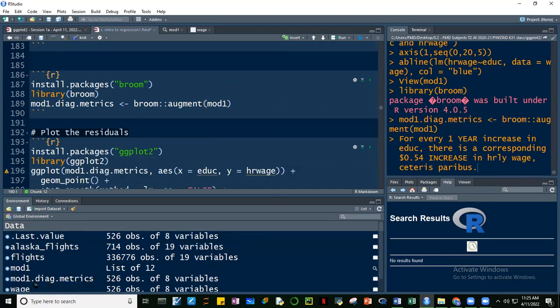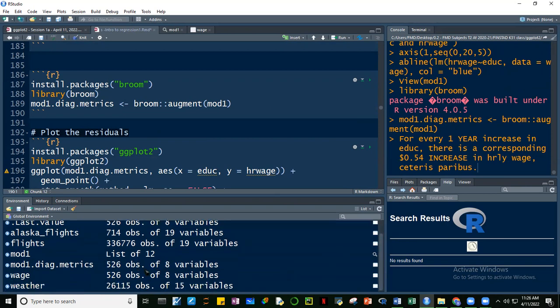So here it is, model 1 diagnostics.metrics. It consists of 526 observations of 8 variables. So it's similar to our wage data, 526 observations, but of 8 variables. Let me see what this consists of.